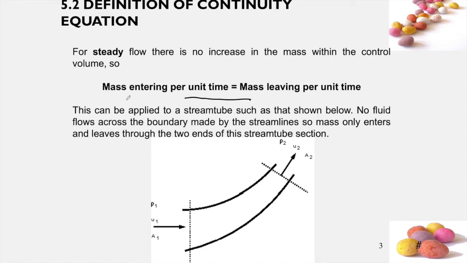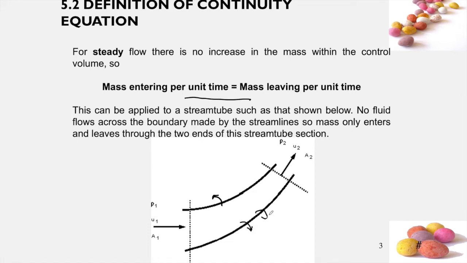This can be applied to a stream tube. This is a figure for a stream tube. No fluid crosses the boundary. So in the stream tube, there will be no fluid crossing the sides of this stream tube.